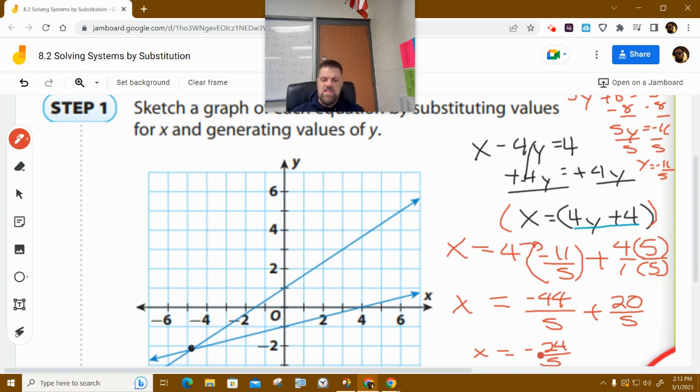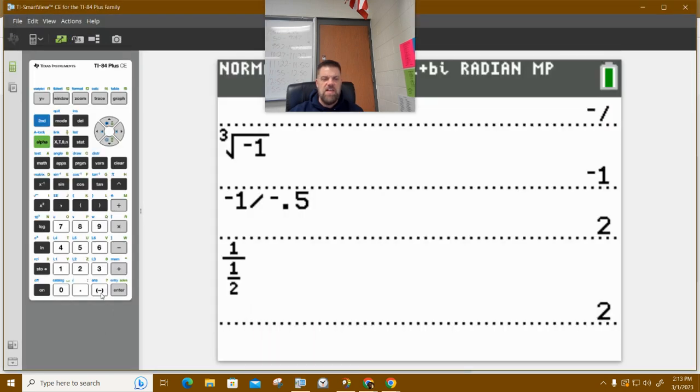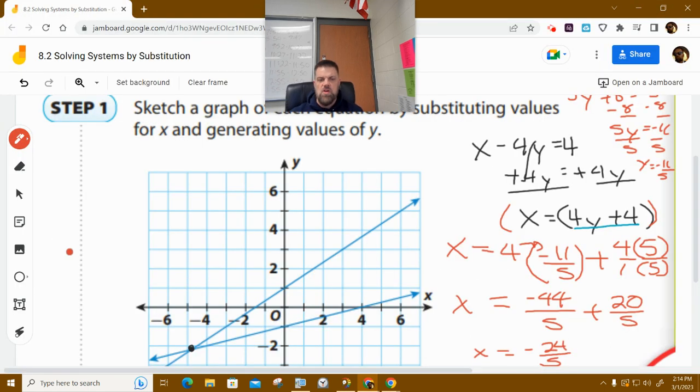Now, what's interesting is I got to convert that to almost like a decimal. So let's convert these fractions to decimal just to kind of see where we're at. So if I plug in my handy-dandy calculator, if I say negative 11 divided by 5, I get negative 2.2. So y equals negative 2.2. Is that what we had yesterday?